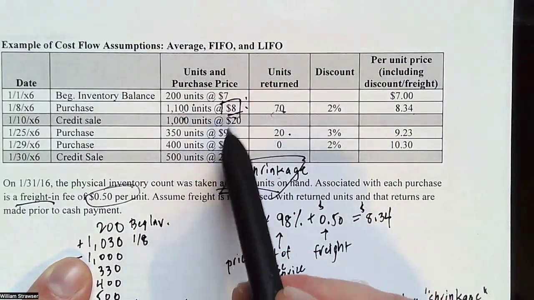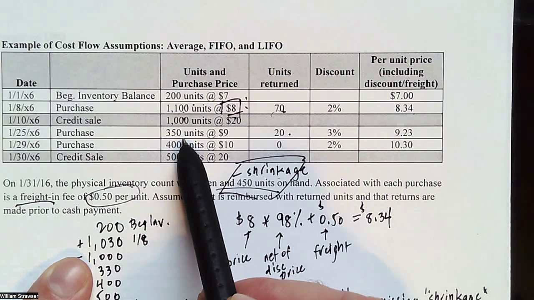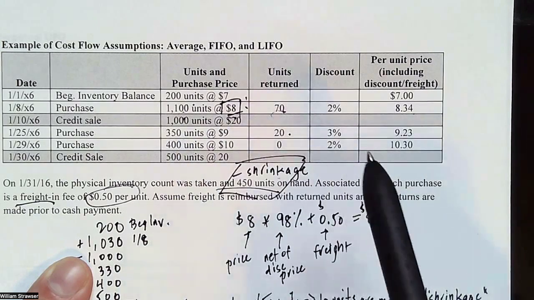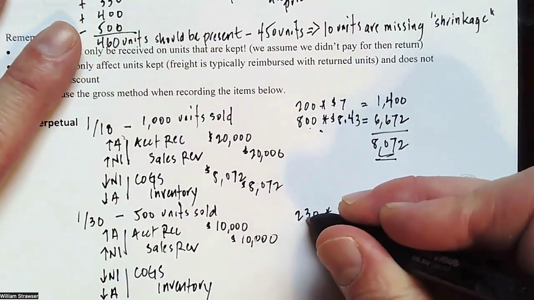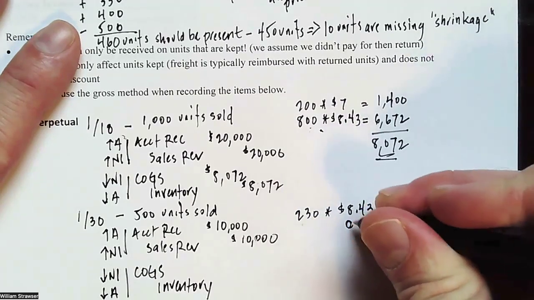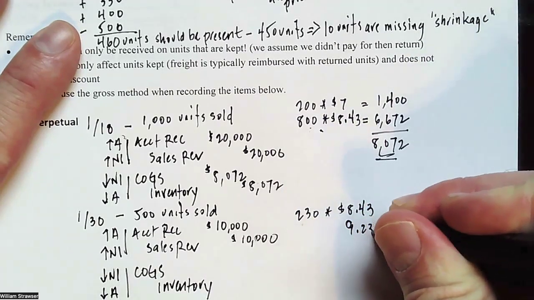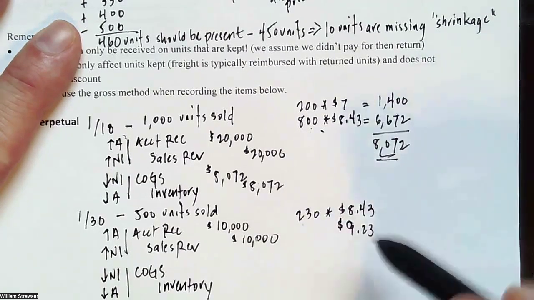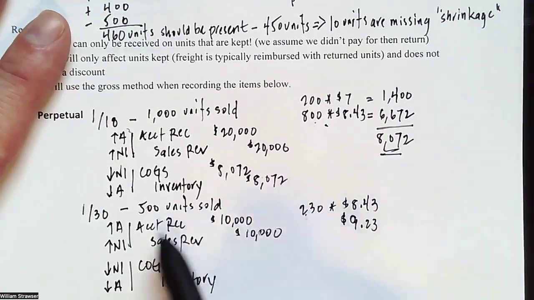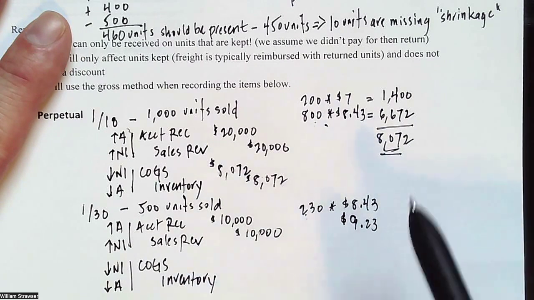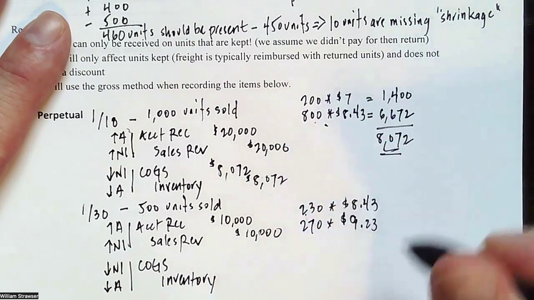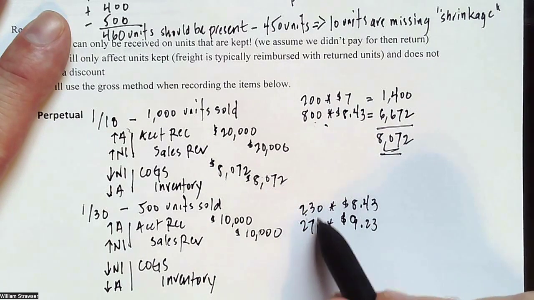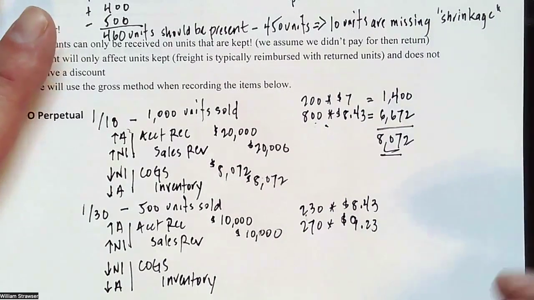Then if I'm going by FIFO, I go to the next oldest layer, which should be this January 25th. And that's at $9.23. So I've already gotten the cost of 230 of my 500. I now just need 270 more units to be priced. Then I have the full 500 between these two amounts.